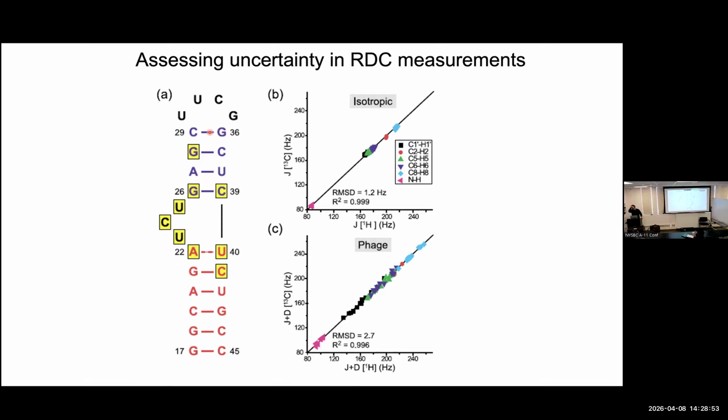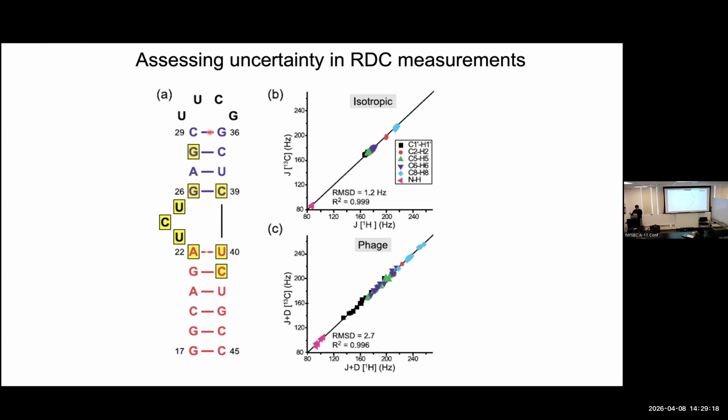The best thing to do normally is to measure the RDCs or the splitting using two different experiments. Since you have a large swath of experiments that you can do to measure the same splitting, what I think is always important and good to do is to measure the same splitting two different ways. So what you see on the y-axis is measuring it as a splitting along the carbon dimension versus the proton dimension. Just the two simple things, right?